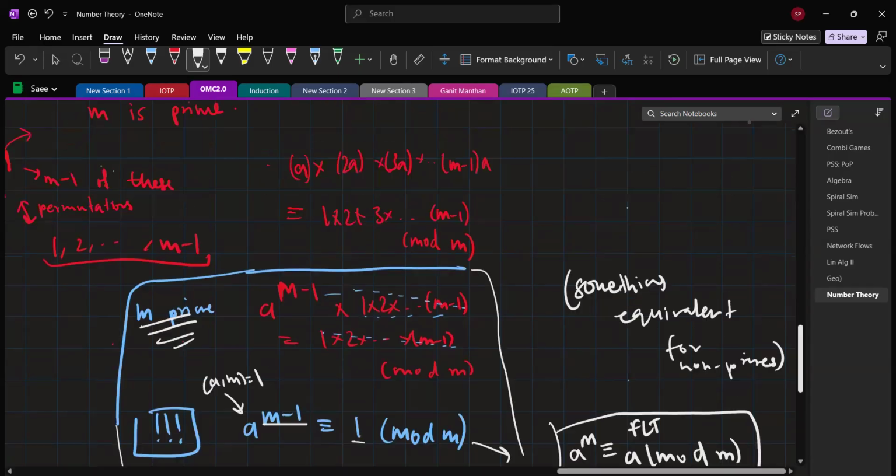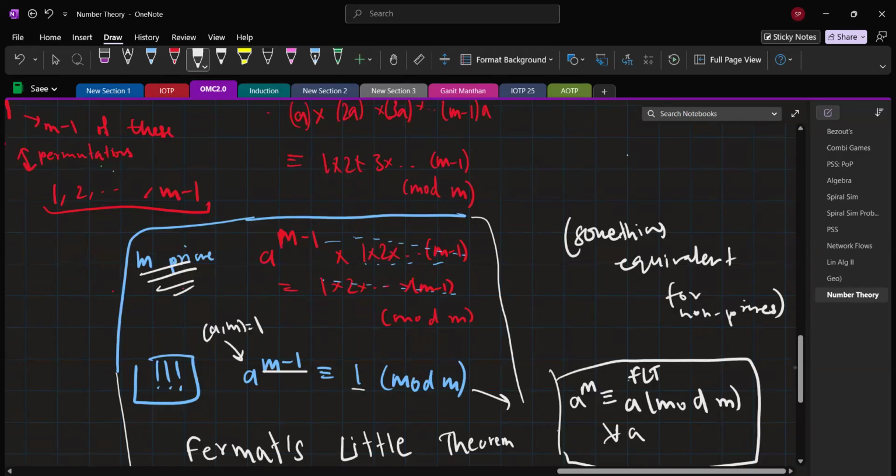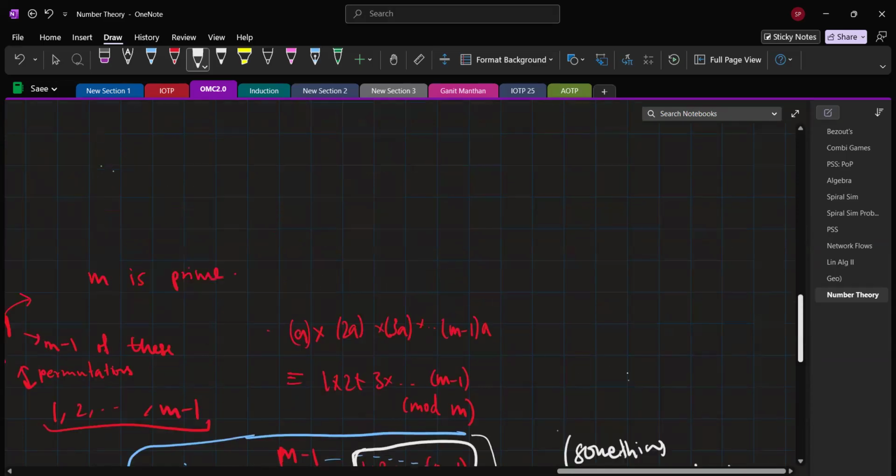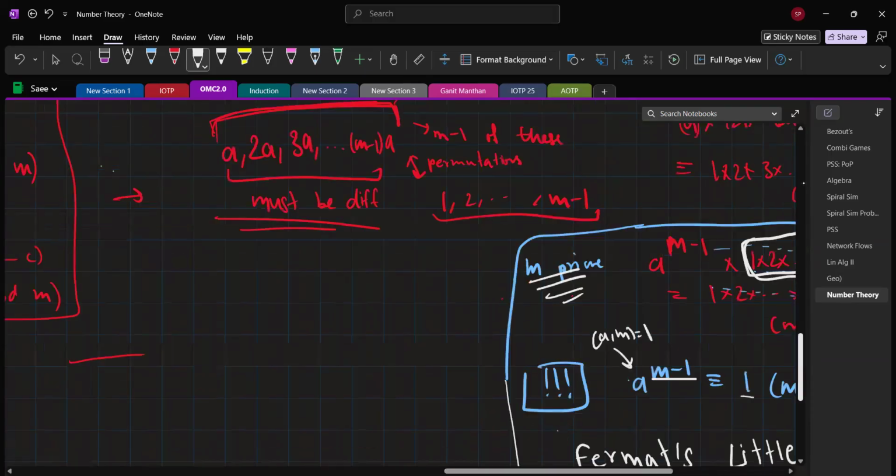another result. So 1 times 2 times dot dot dot up until a minus 1. This is a very interesting quantity. And earlier, as we saw, everything that has an inverse is going to be unique. And there was this other conjecture, somewhere, about inverses being paired up with each other neatly.